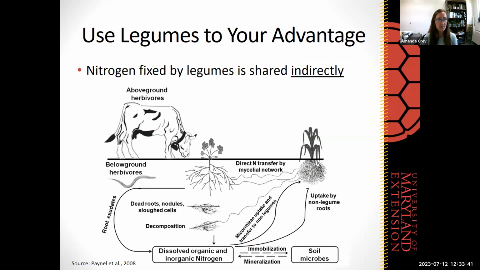So one thing that many people don't necessarily realize is that nitrogen that is fixed by legumes is shared indirectly. So it's not like legumes are fixing nitrogen and then saying, here, neighboring grass plant, have some nitrogen. I have extra that I've fixed and I'll give it to you. So there's not a lot of direct sharing.